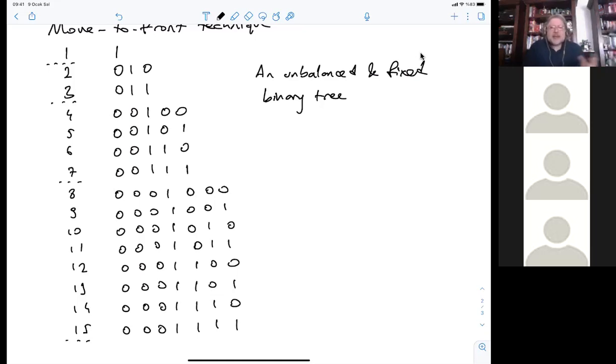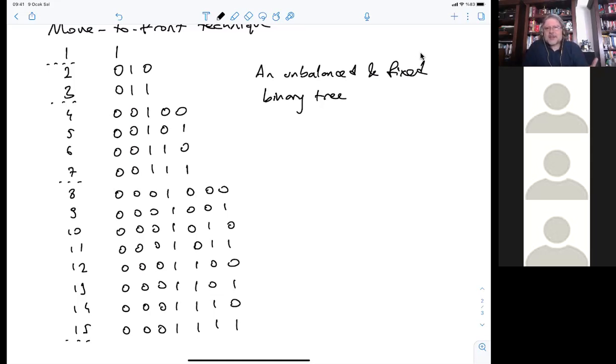For instance, if it's an English text and if the symbols are the words, then probably the most commonly encountered word would be "the". After a while, the count of "the" will push it, move it to the front of this code word list, and it will be represented by one only. Instead of "the", you will put a binary code of 1.